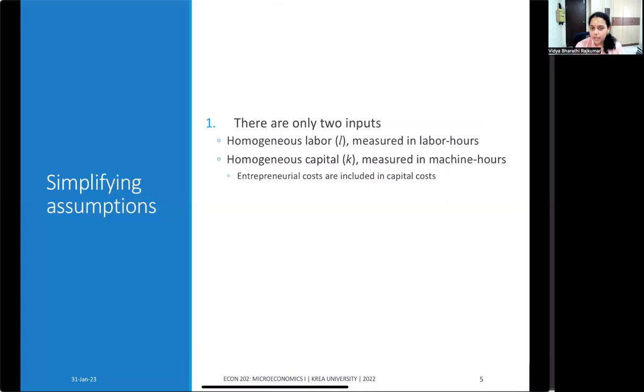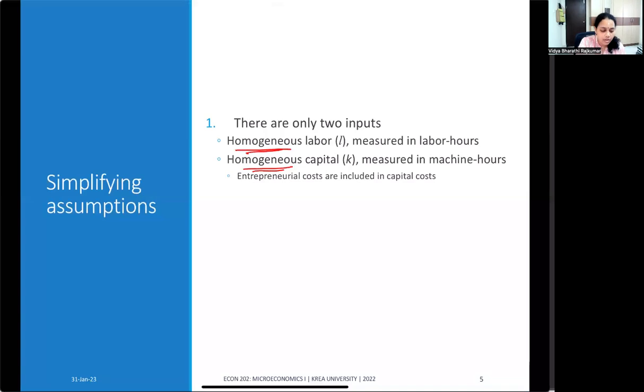And we're assuming that we're dealing with homogeneous labor and homogeneous capital, meaning every single unit of labor is identical. Every laborer that you hire is identical. Every piece of capital equipment that you hire is also identical. And that's the meaning behind the term homogeneous. And for simplicity, we're going to assume that entrepreneurial costs are included as part of the capital costs.